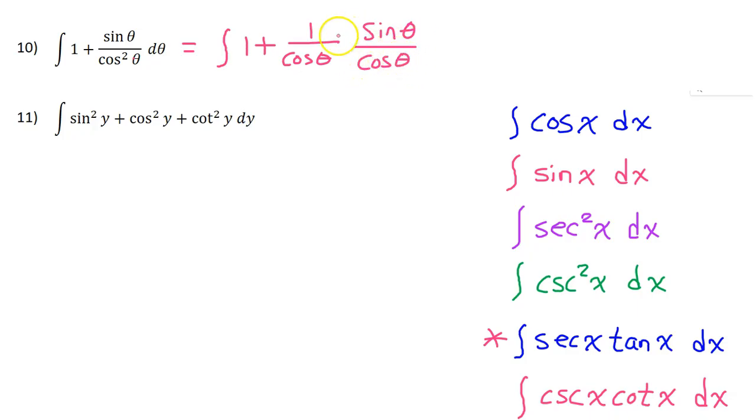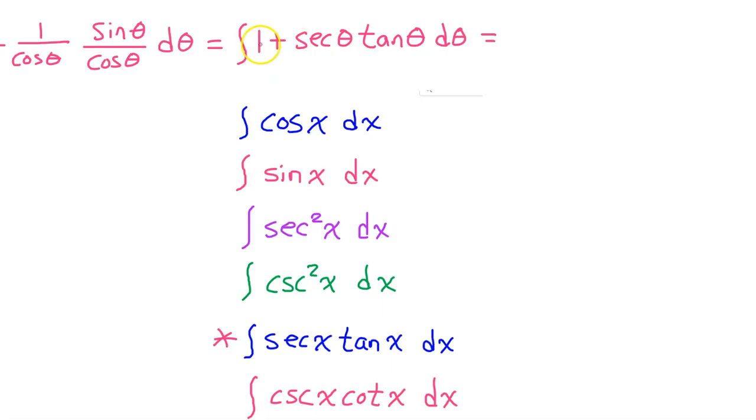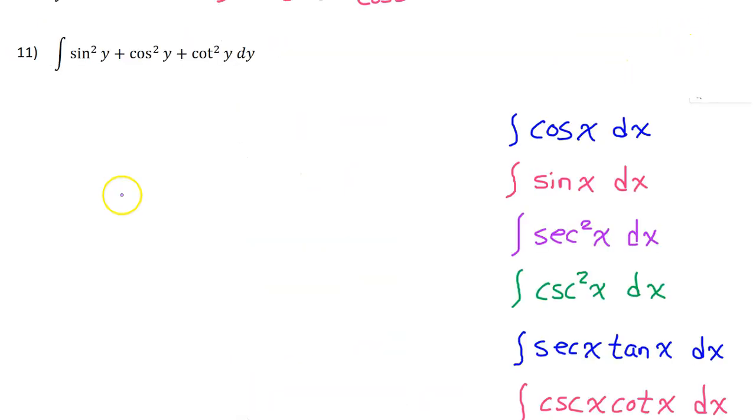In other words, secant theta tangent theta, which is on the list. The antiderivative of 1 is not x, it is theta in this case, because we are integrating with respect to theta. The derivative of what is secant tangent? The derivative of secant is secant tangent, so theta plus secant theta plus c.